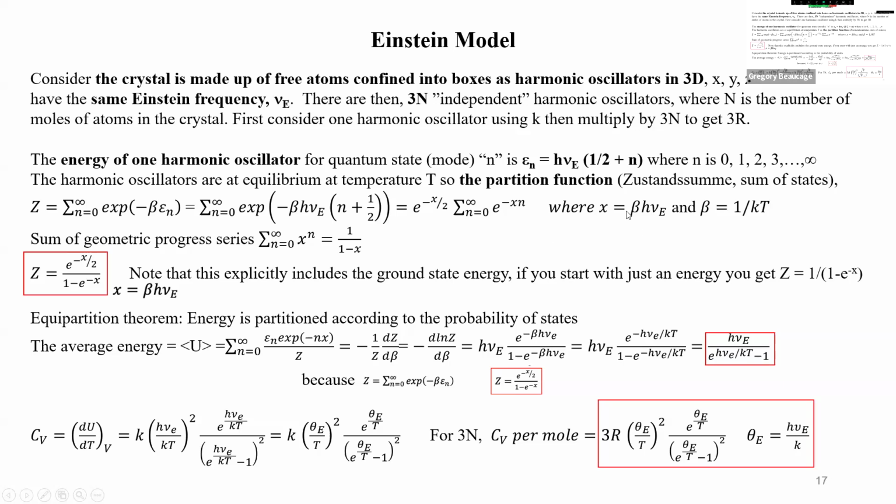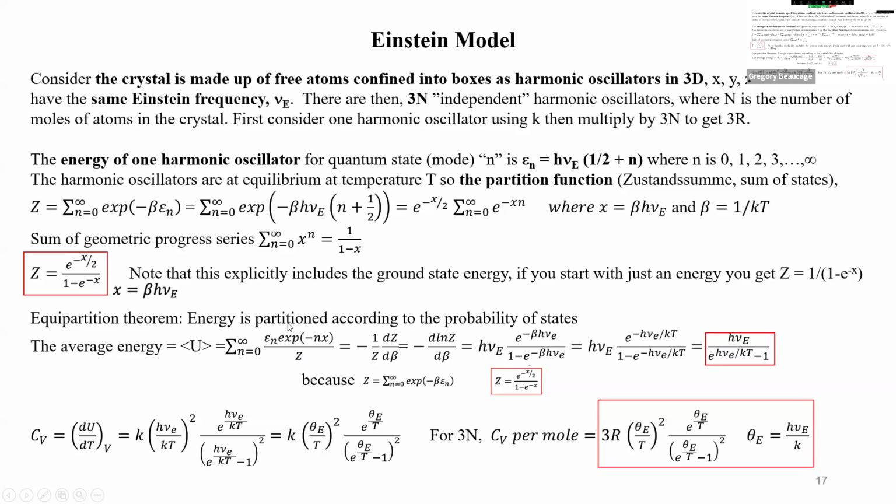If you collect all the parameters into this x, it's h nu over kT times n that gives you the energy of that mode of vibration that's going on. Then you take the energy of that mode of vibration times the probability, normalized by the partition function, and you sum over all the possible energies; that gives you the average energy. That's how you calculate an average. You take the number for that state times the probability divided by the normalization factor, and that gives you the average of it, right?